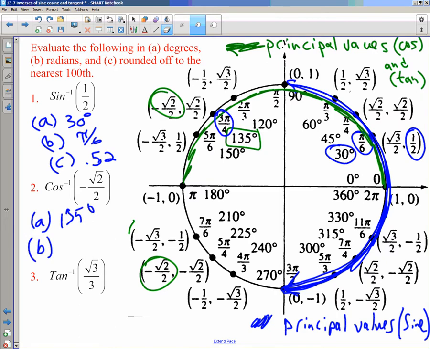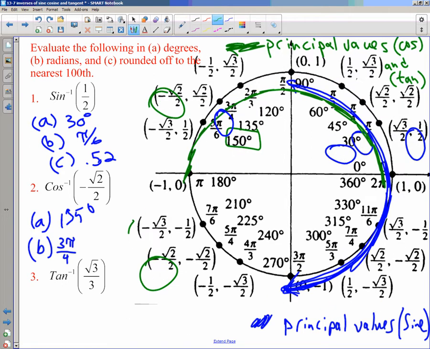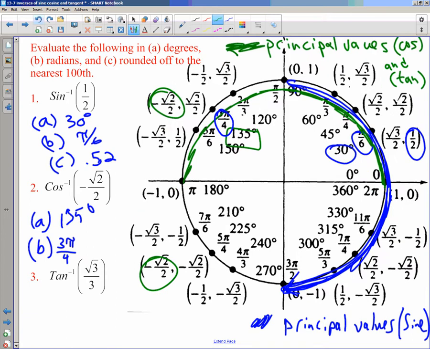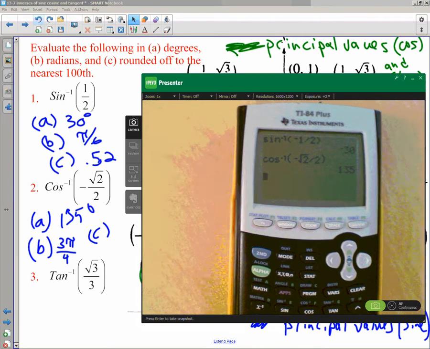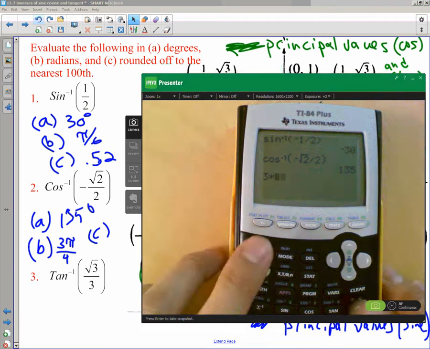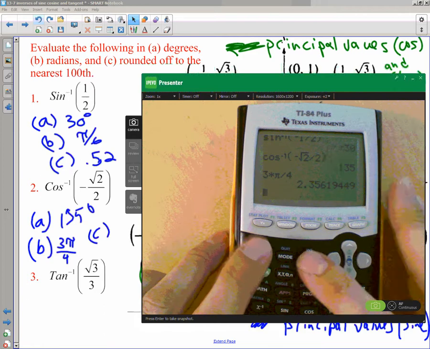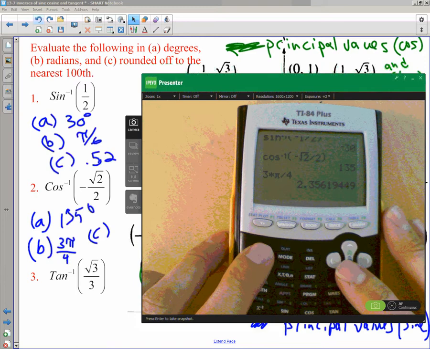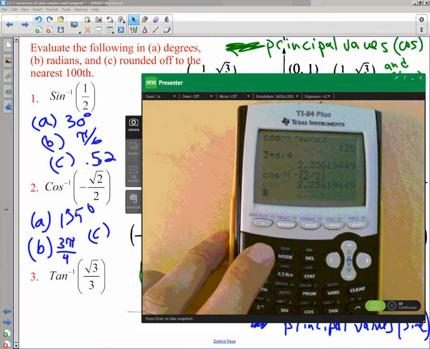So you can either, for part C, type 3 pi over 4 into your calculator, or you could switch it to radians and do it either way. So it's 2.36.